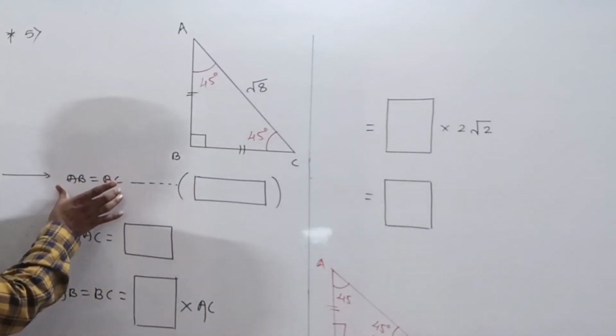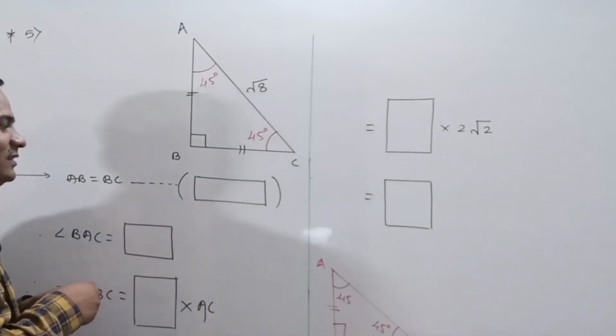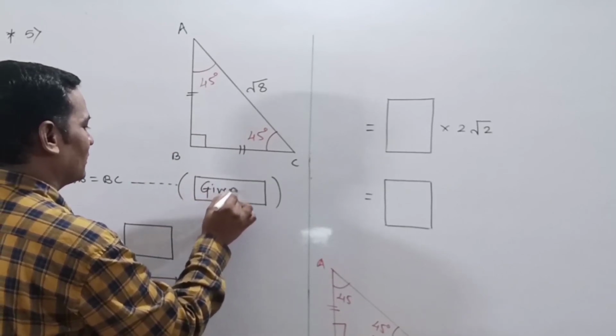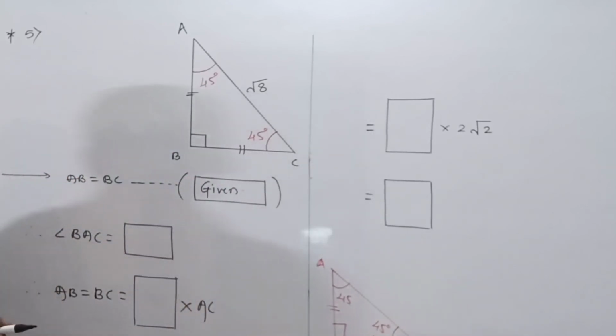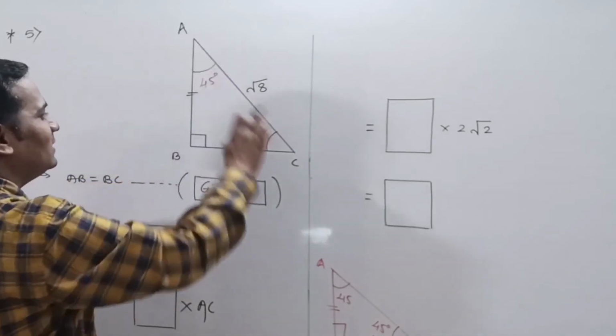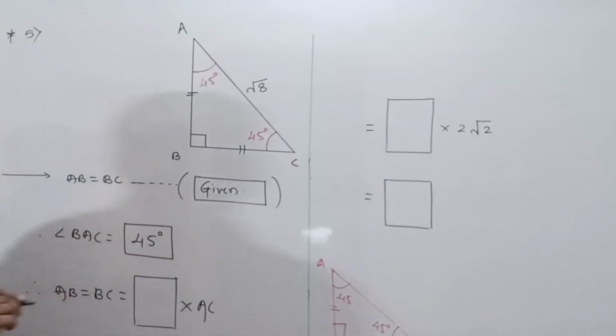Look at this. AB is equal to BC, and this is given, so we can write in this box: given. Okay, the first one is over. And look at this angle BAC, and that angle is 45 degrees.